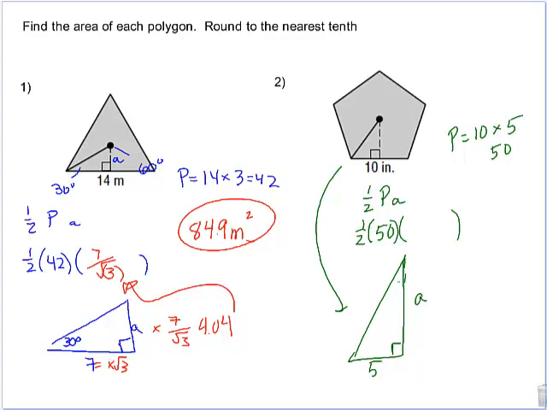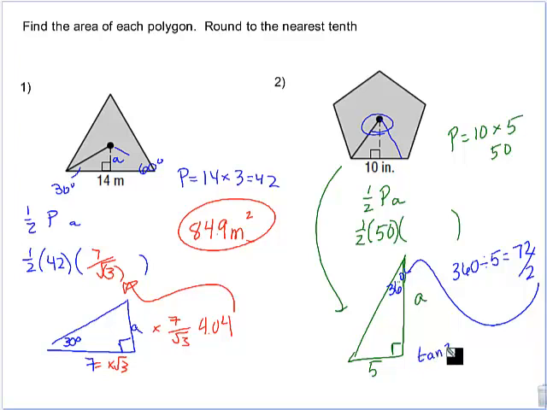360 divided by 5 to give us 72, but that is this entire angle. So we have to divide that by 2, and we get 36. So then can we do tangent? Yep, so now we could do tangent to get this.